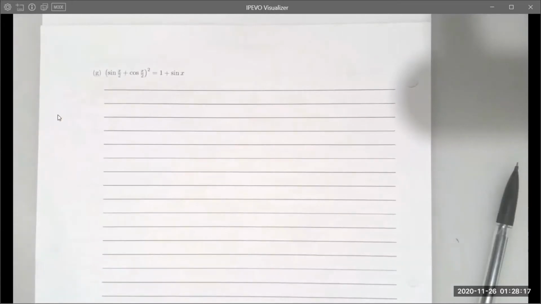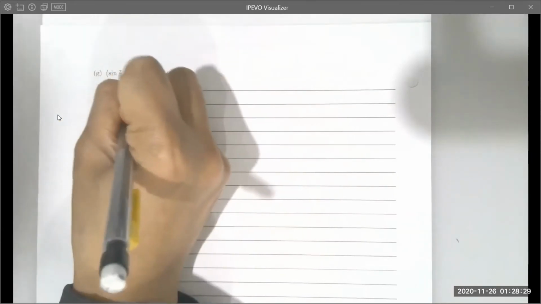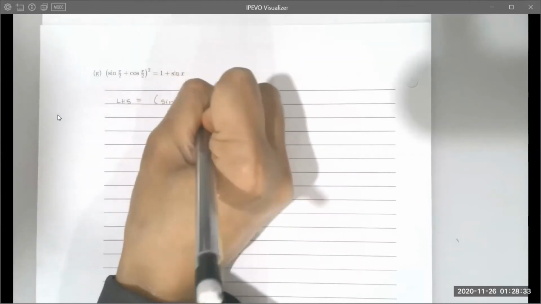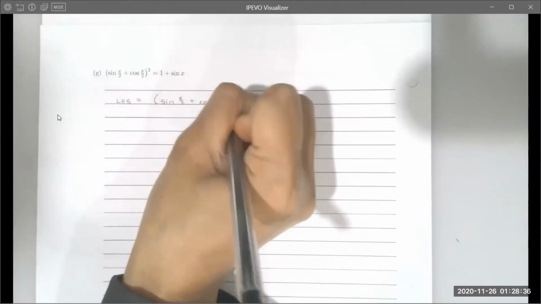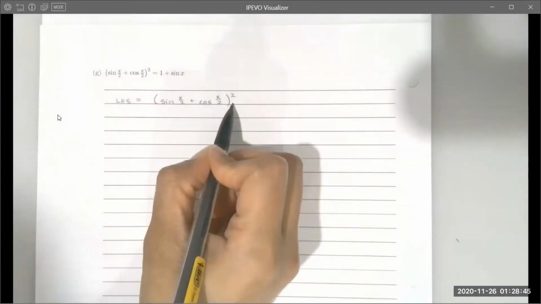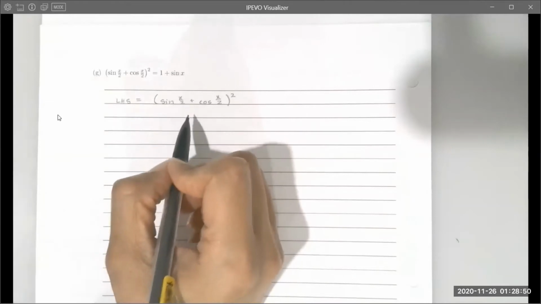Let's take a look at this part, and for this one, I'm going to let you guys have a couple minutes to try it on your own. But first, I'm going to get you guys started. So we're going to start with the left-hand side. The left-hand side is sine of x over 2 plus cosine of x over 2, to the second power. And because there is that power of 2 outside of the parentheses, I want us to take care of that part first, and I don't want the x over 2 to be too much of a distraction.